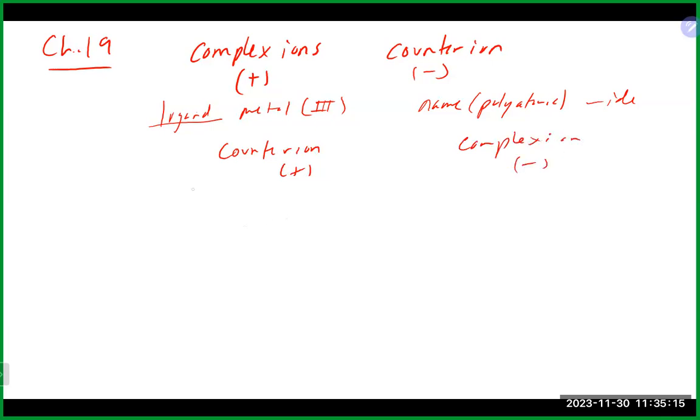We still do pretty much the same thing: we just use the name of your counter ion, regardless of how many there are. Your complex ion will end in that older version of the name, like ferrate or plumbate. We'll still have some Roman numerals there, and again, we will still have our ligands in alphabetical order before it.